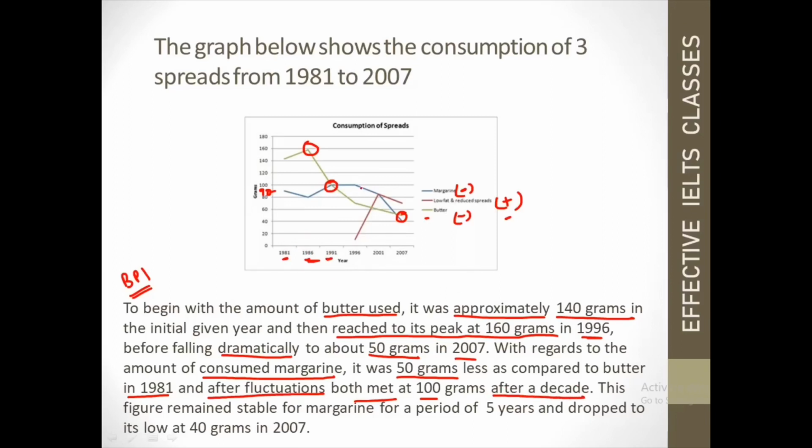Now this figure remained stable for margarine for a period of 5 years and dropped to its low at 40 grams in 2007. So it was our body paragraph 1. You can see how I made comparisons, which are very important in IELTS task 1.